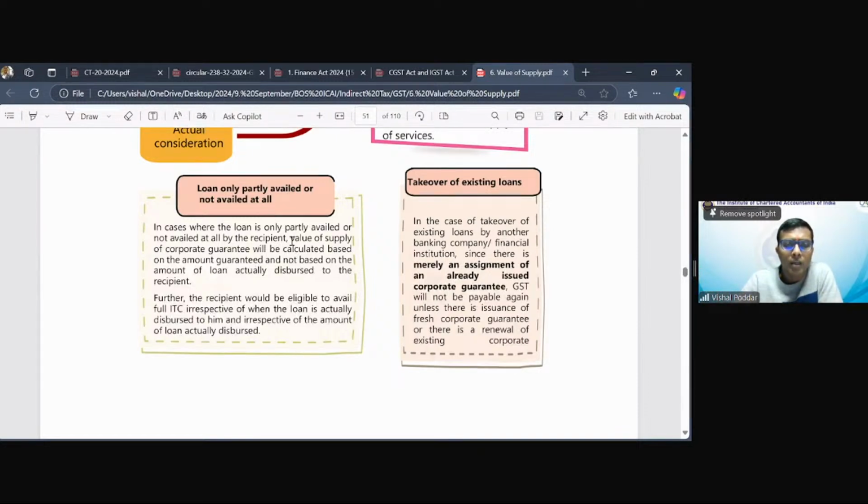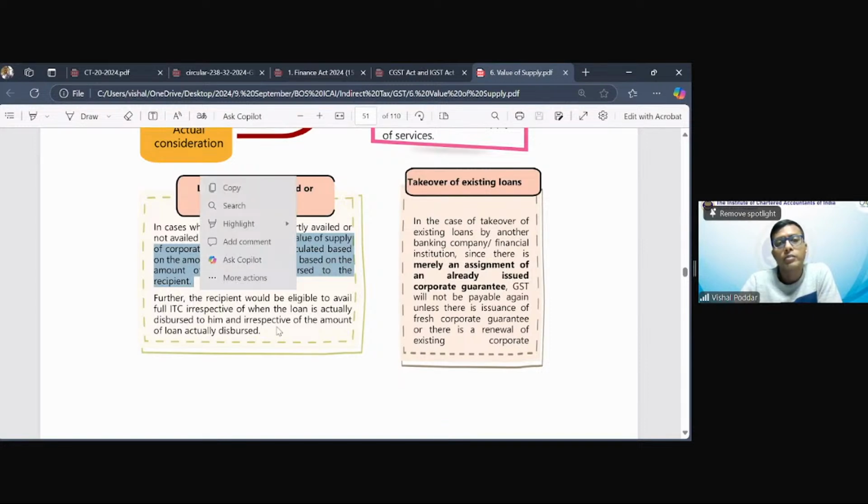Hence, what they are saying is that the value of supply of corporate guarantee will be calculated based on the amount guaranteed and not based on the amount of loan actually disbursed to the recipient. This is interesting. In this particular case, we are not bothered about how much the company is using. We will go by the original amount, that is the amount which was originally sanctioned.